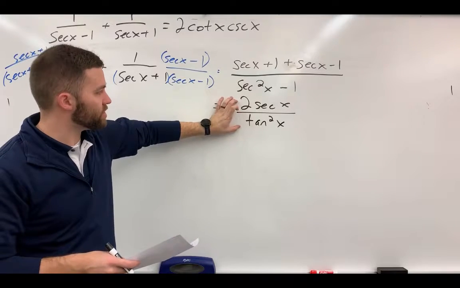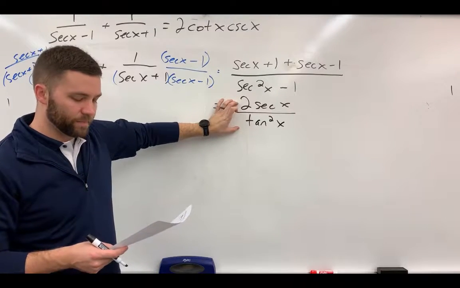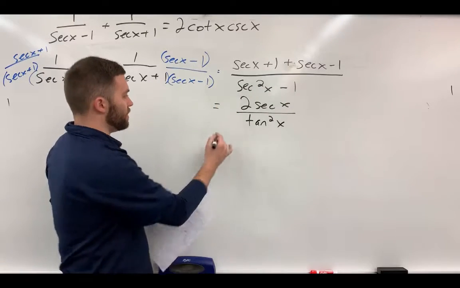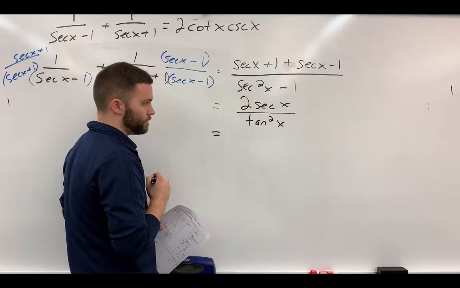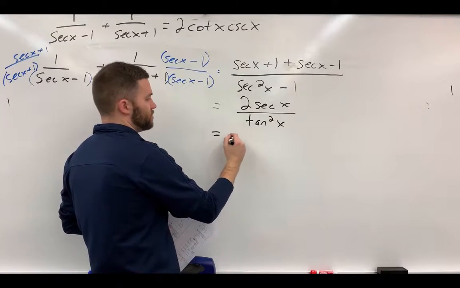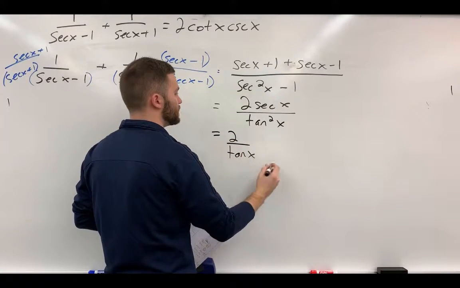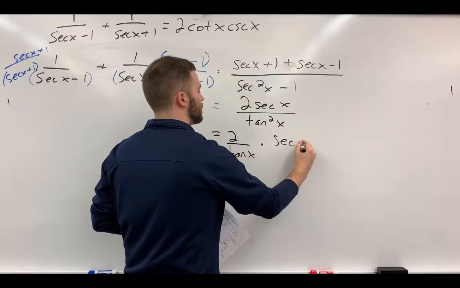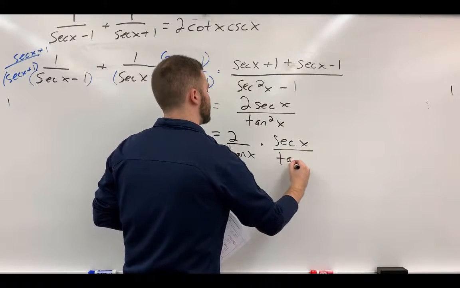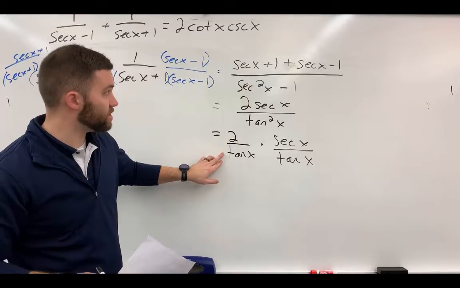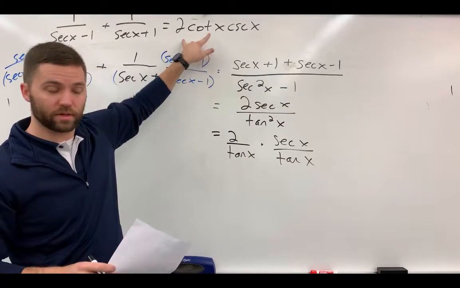Now I need to figure out how this could be written as cotangent and cosecant. So I'm going to write this a little bit differently. I'm going to write this as 2 divided by tangent of x times secant divided by tangent of x. Okay, and if I do that, this 2 over tangent, that's the 2 cotangent piece, right?